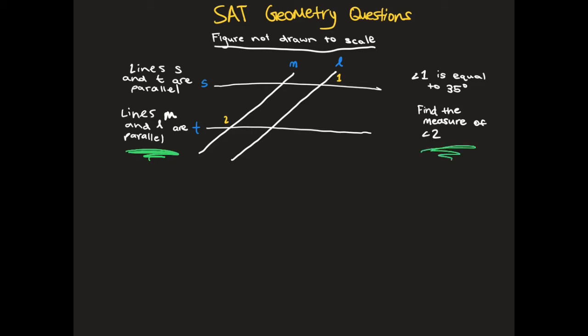So let's go ahead and find measure 2. We know that angle 1 is 35 degrees. Whenever you're taking the test, the first thing you want to do is label whatever information is given. So you've got 35 degrees, and now it's asking us to find angle 2. First, a quick refresher on what vertical angles are.